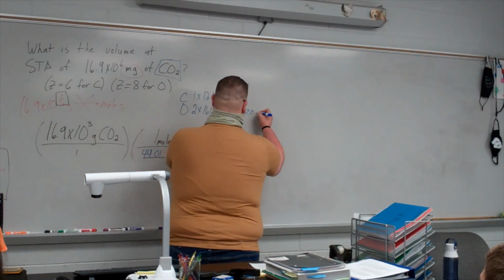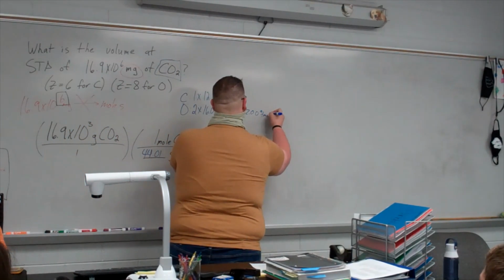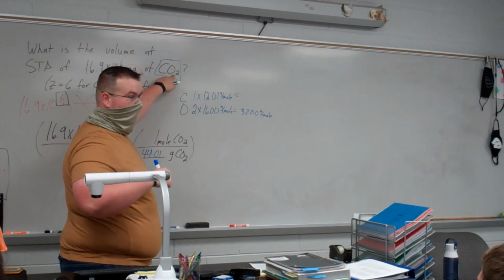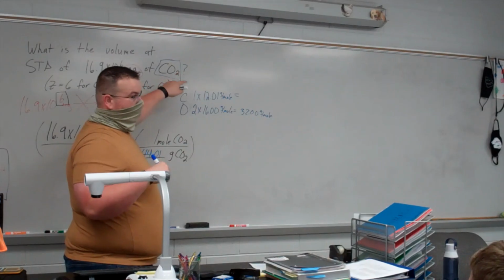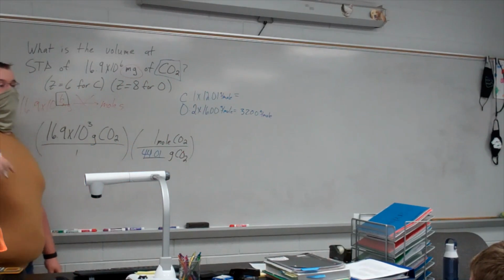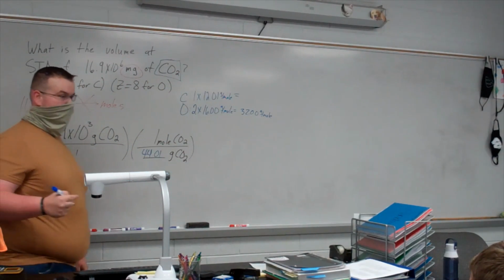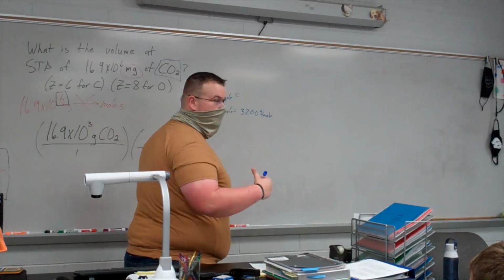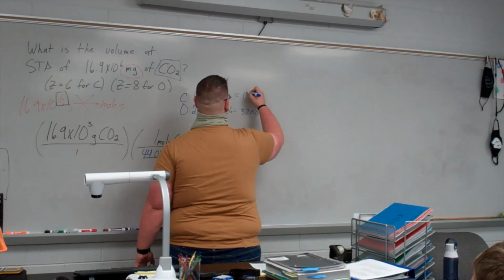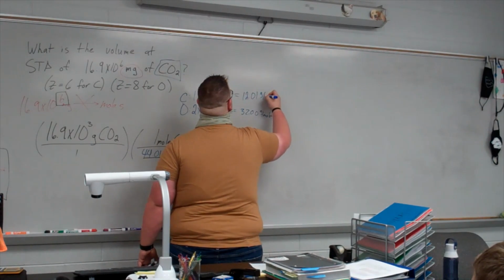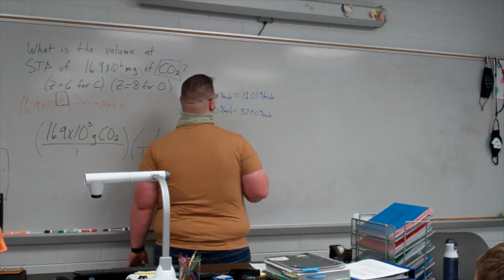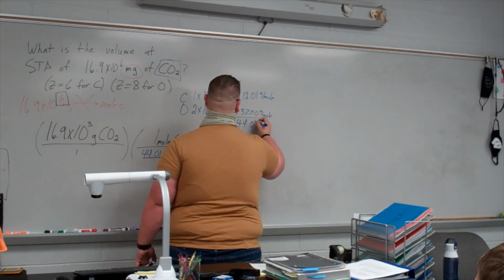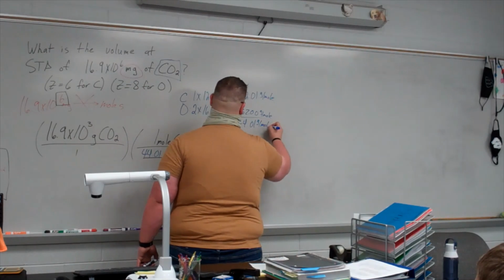This will be 32.00 because per every molecule I have 2 oxygens. So per every mole, every molecule within that mole, there's 2 oxygens in it. That's why I introduced the diatomics early today, and I didn't wait. Add those together, you get 44.01 grams per mole.